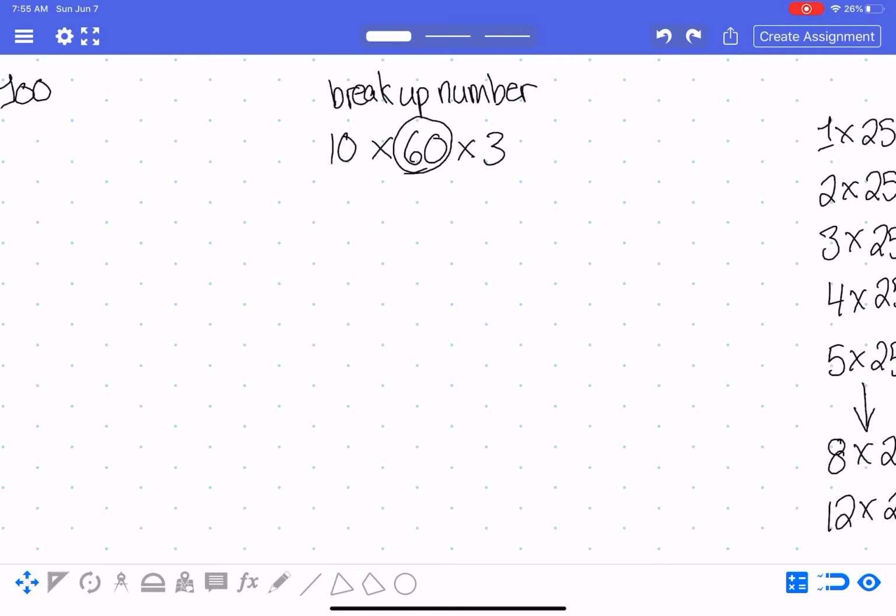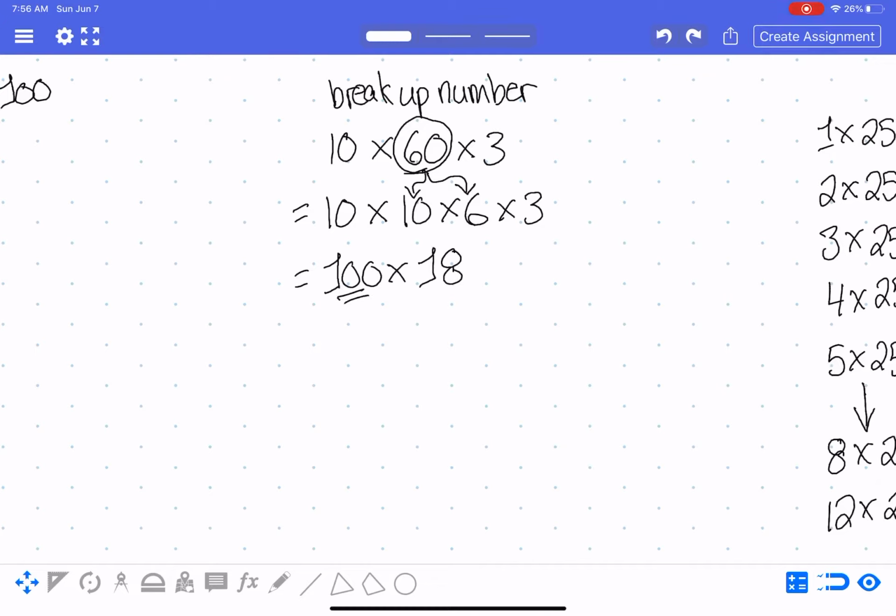So if we break up the 60, I would break up the 60 into 10 times 6, and then times 3. So the 60 is 10, and then it's 6, those two numbers, okay? Now, some of you might be saying, well, now there's 4 numbers, but actually 4 numbers makes it easier to multiply, right? So 10 times 10, we know is 100. And then 6 times 3 is 18.